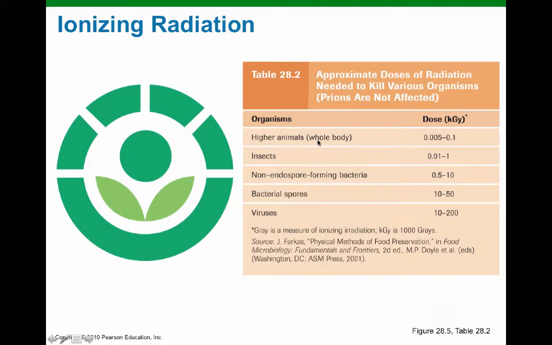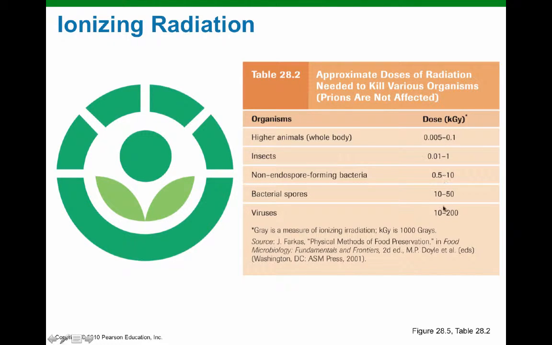So if you take a look at the human body, 0.005, this is grays or kilograys, this is a unit for radiation. So 0.1 here, much lower than, check out the amount that is needed to kill a virus, so 10 to 200 kilograys.